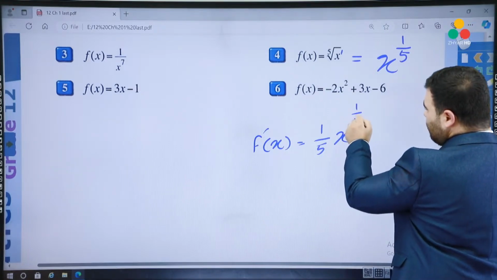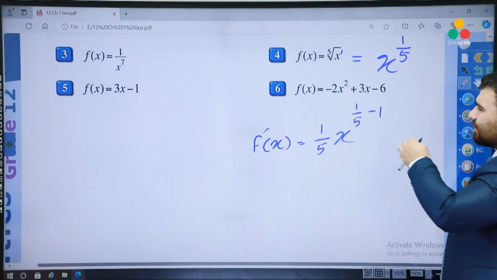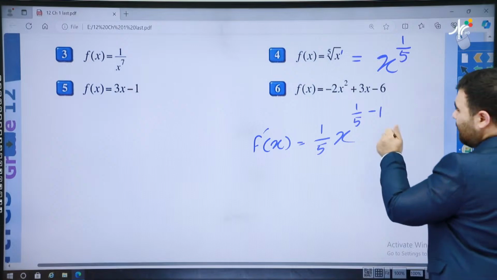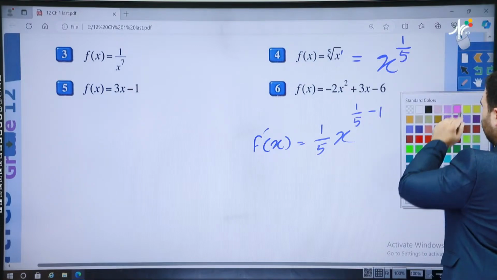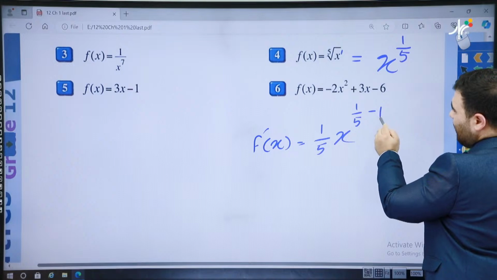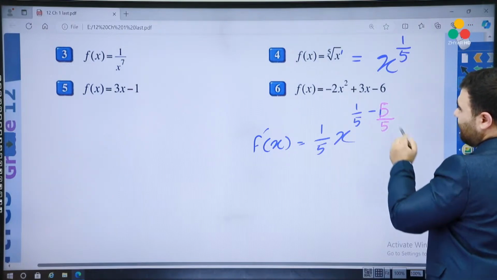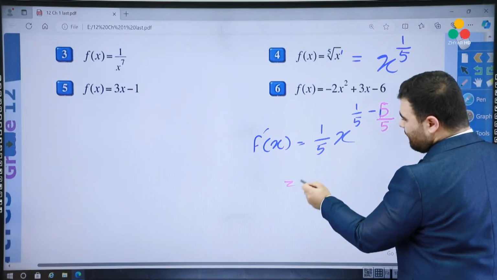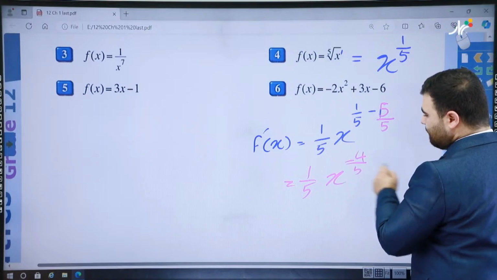You can write this. Any fraction you want to add or subtract to 1, instead of the 1, I can write 5 over 5. Now, 1 minus 5 is negative 4 over 5. So the answer is 1 over 5, x power negative 4 over 5.